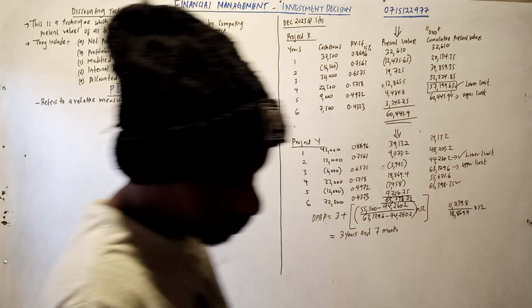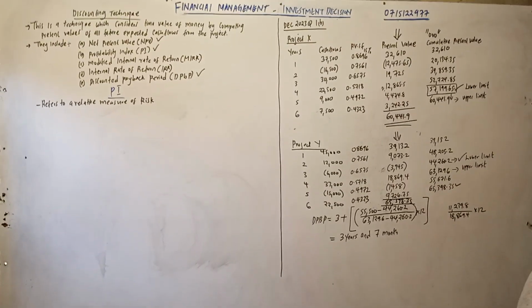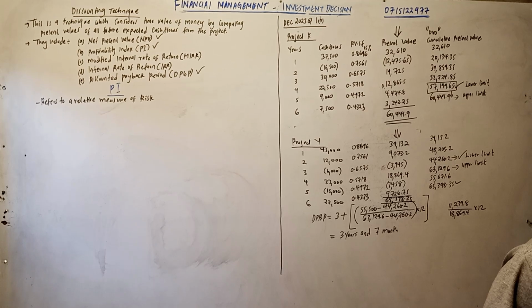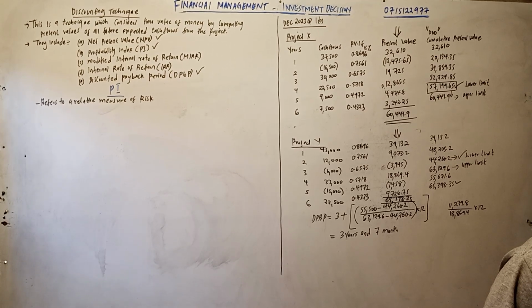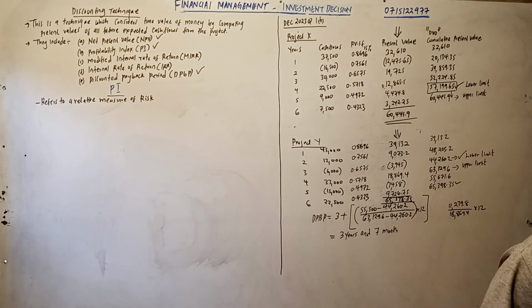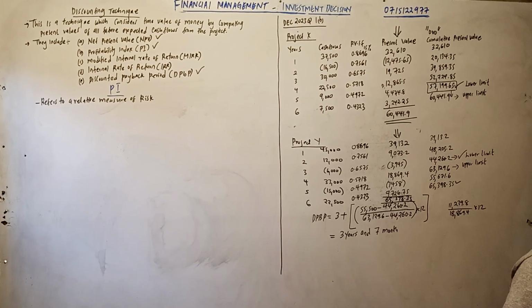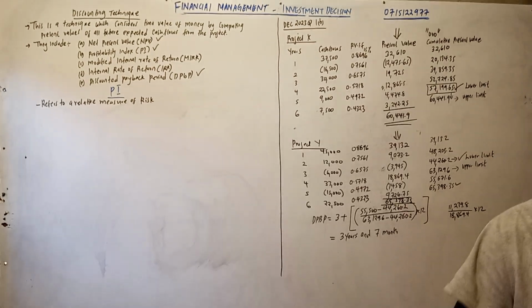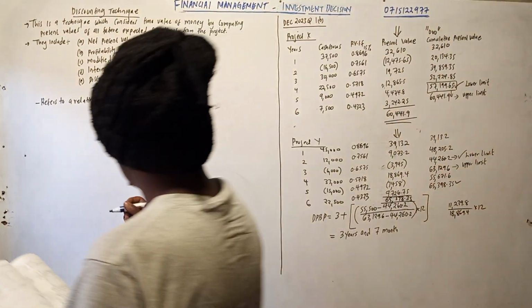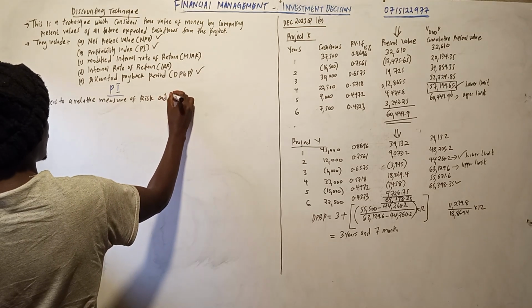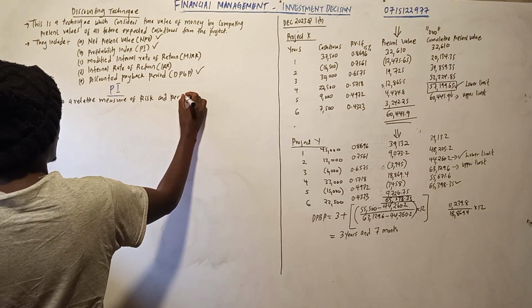Let me check another definition here, which I would prefer. So PI refers to a relative measure of risk and performance.